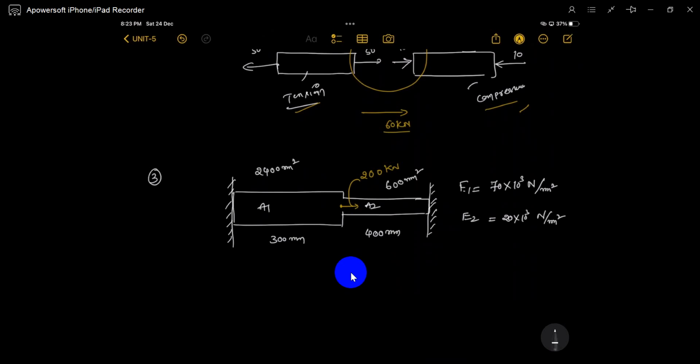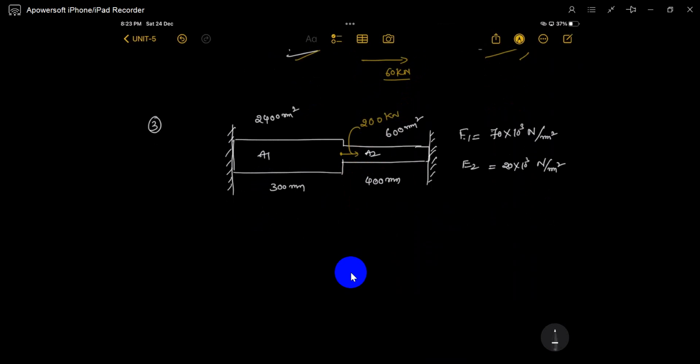Analyze the axial element. You already know this is a problem also in strength of materials. This 200 kilonewtons is shared by element 1 and element 2, and the displacement in element 1 should be equal to the displacement in element 2. How much it expands in element 1 is the same as how much it is compressed in element 2. If you apply a force here, element 1 is in tension and element 2 is in compression.